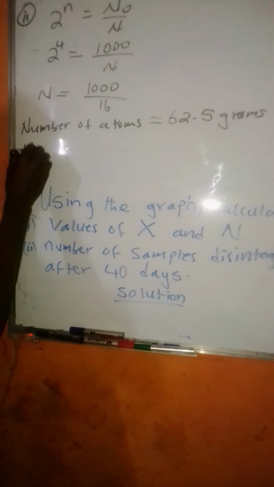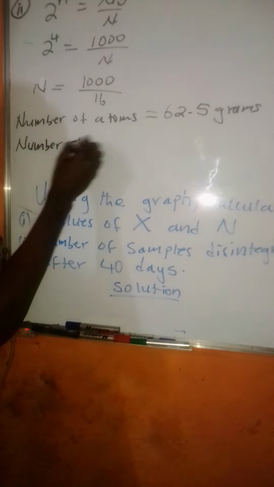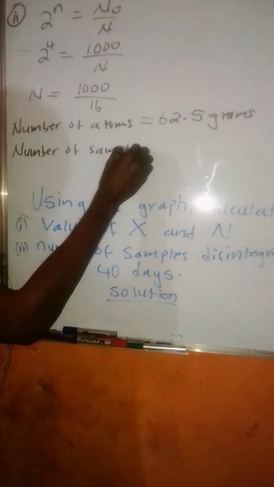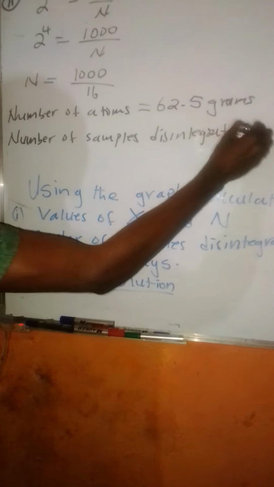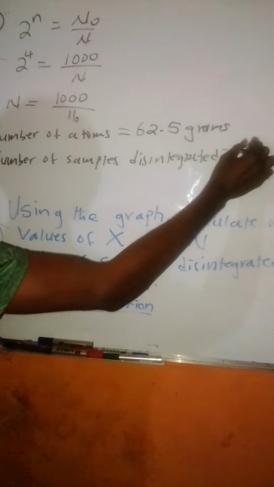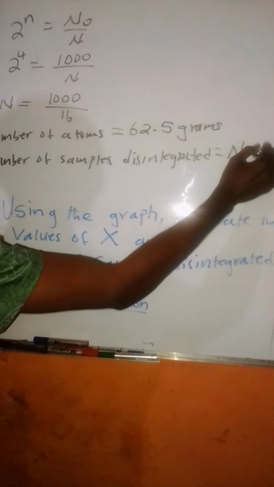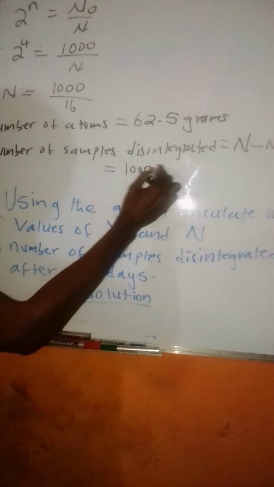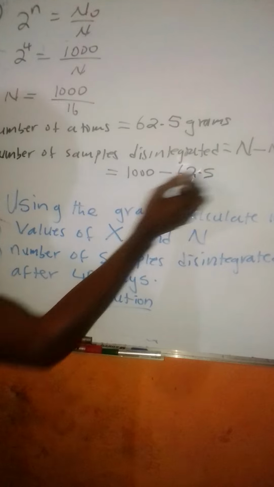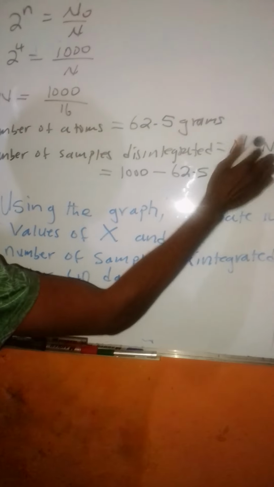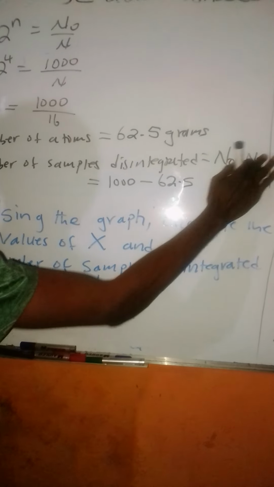So the number of samples disintegrated is going to be the initial, which is N0, minus the final, which is N. So it's going to be N0, which is 1000, minus the final, which we just calculated, which is 62.5.